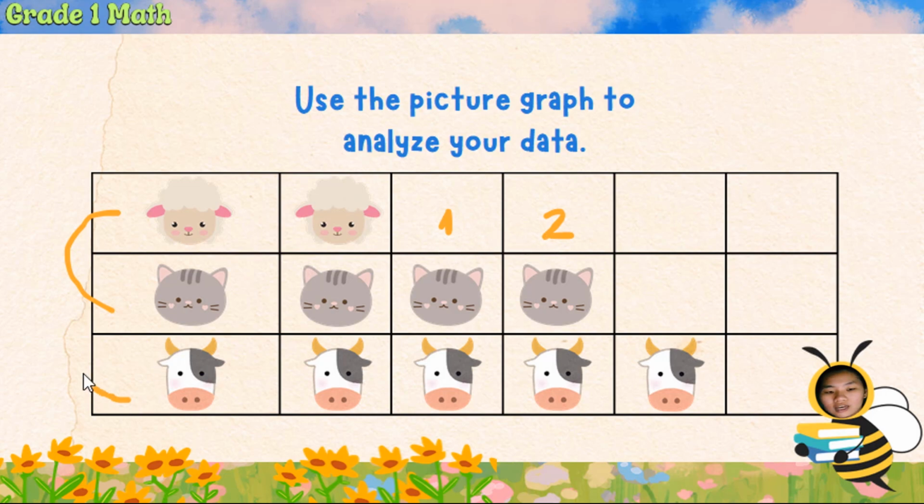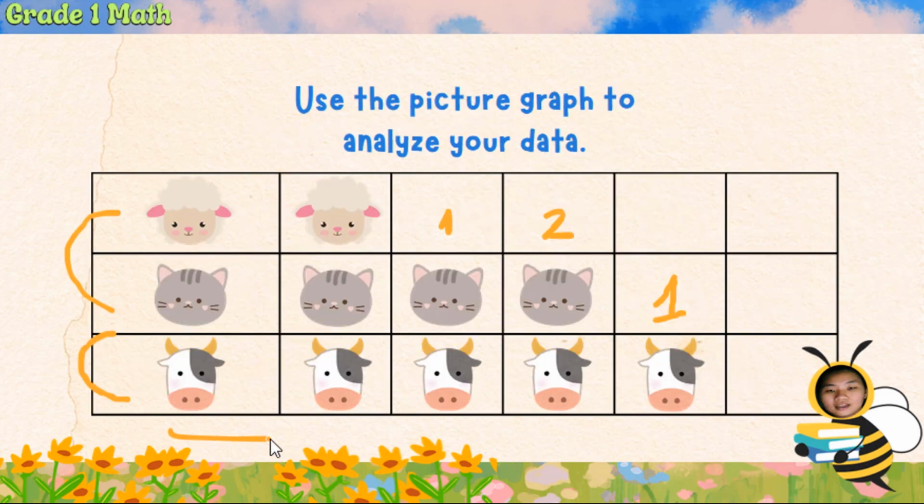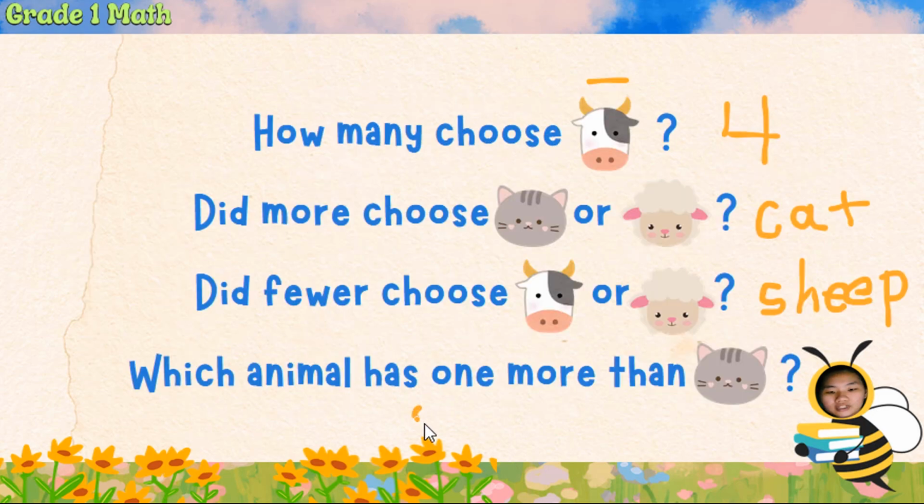What about cows and cat? Well, cows is 1 more than the cat. So which animal is the correct one? It is the cow, okay? Which animal has 1 more than cat? It is cow. I'm going to write here, cow.